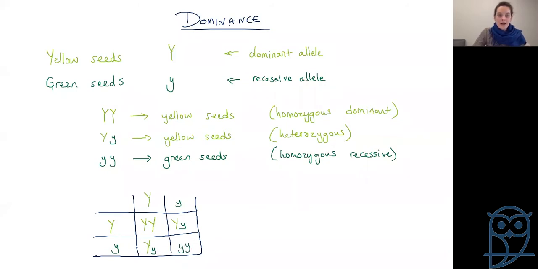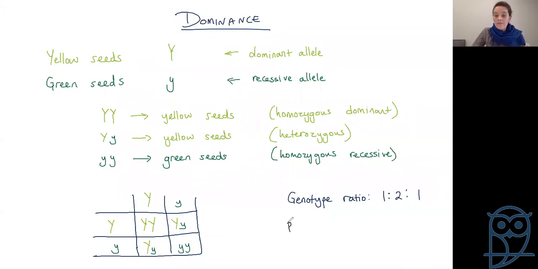Okay, so now, when we look at our genotype ratio of our offspring, we can see that we have 1 homozygous dominant to 2 heterozygous to 1 homozygous recessive. Okay.